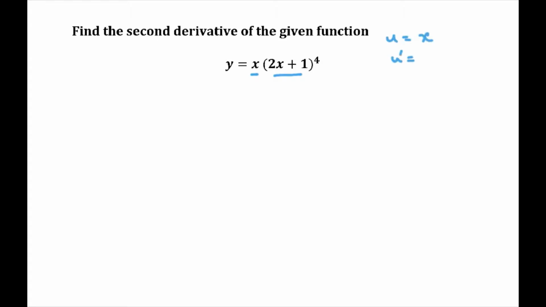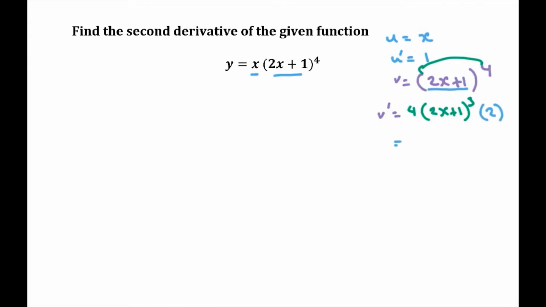U prime will be 1, and if v equals (2x plus 1) to the power of 4, then v prime will be equal to, you put the 4 down, 4, then (2x plus 1) to the power of 4 minus 1, 3, and then you multiply by the derivative of 2x plus 1, which is 2. So the final answer will be 8(2x plus 1) to the power of 3.